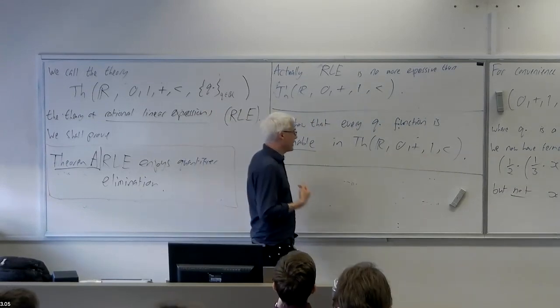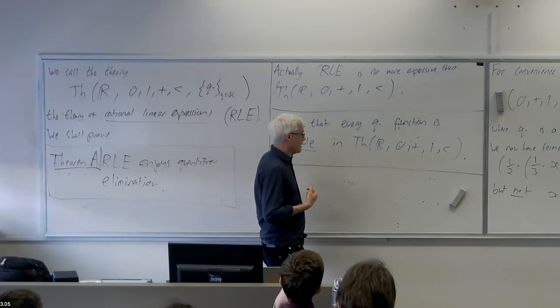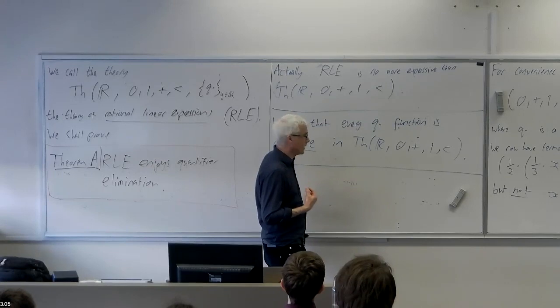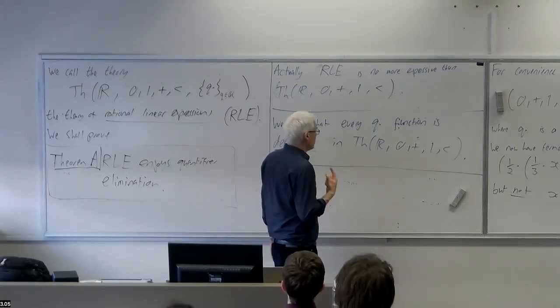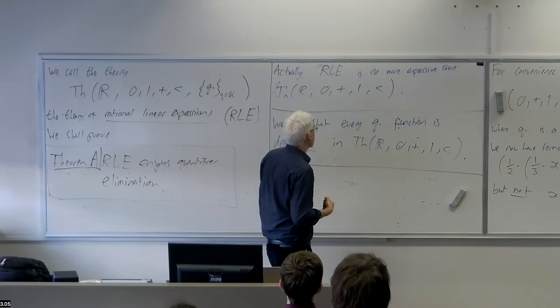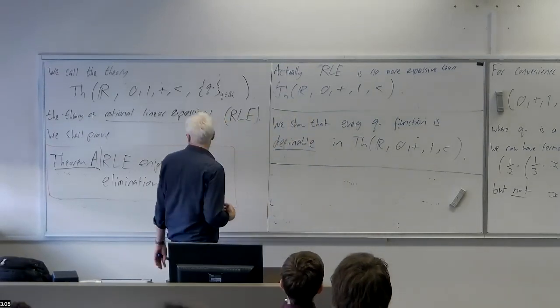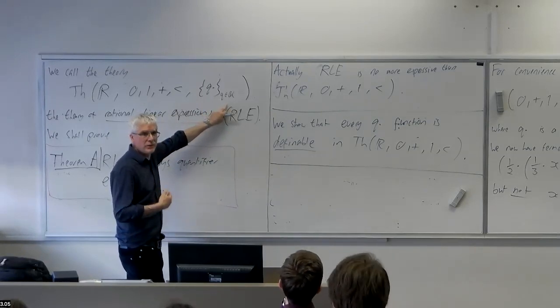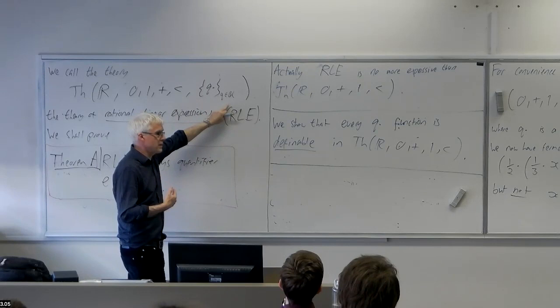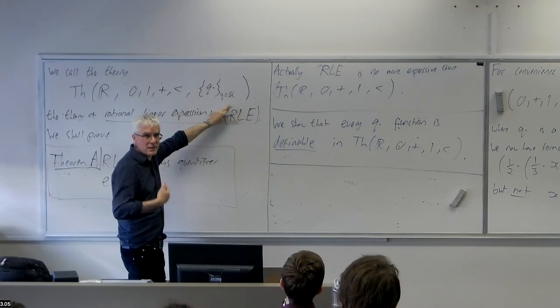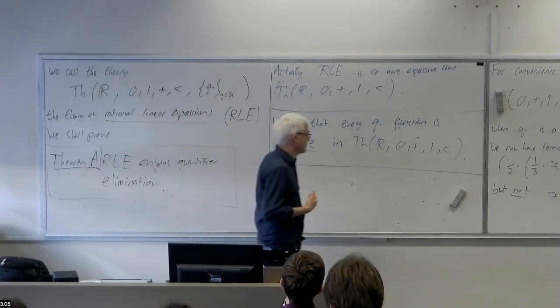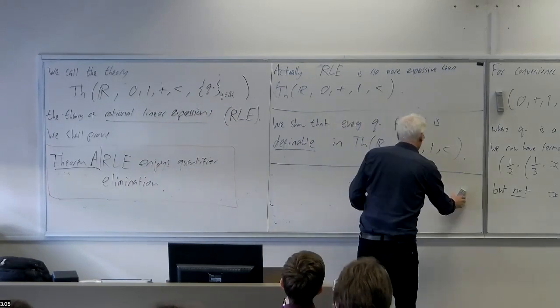So we did that last week for predicate symbols. Here we're in a slightly different situation because we're not extending with a predicate symbol, we're extending with new function symbols. So we want a corresponding theory of definable functions in a theory. And when a function is definable in a theory, we can extend the signature with primitive function symbols for the definable functions.